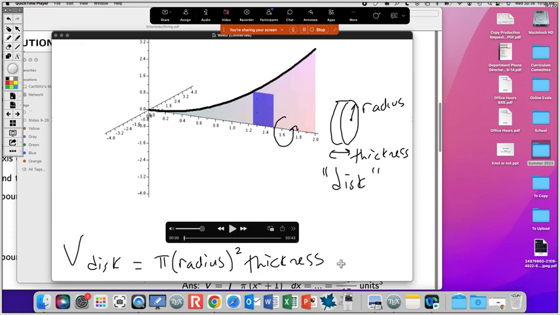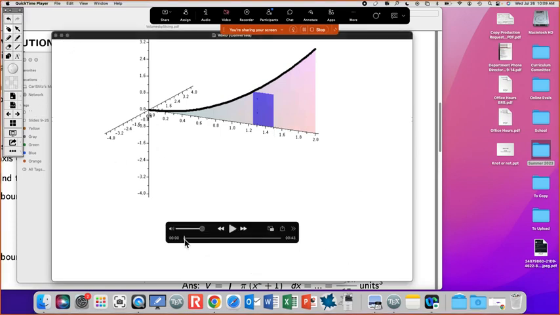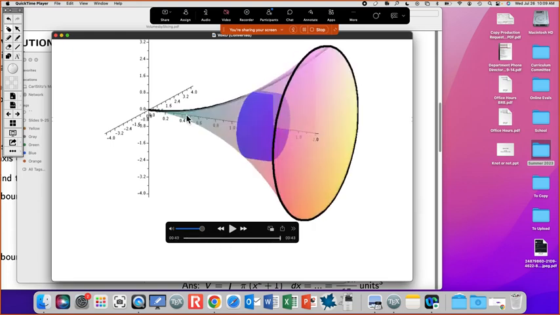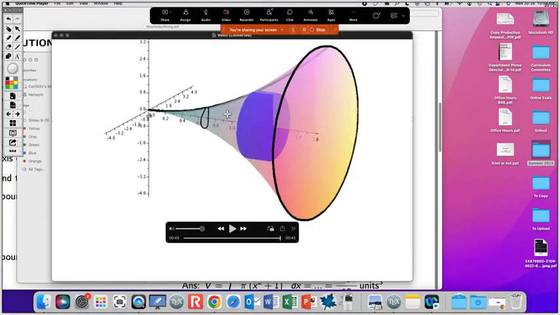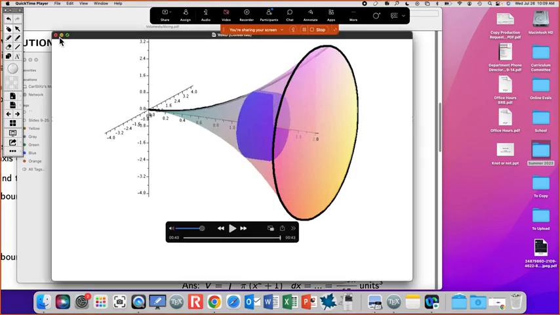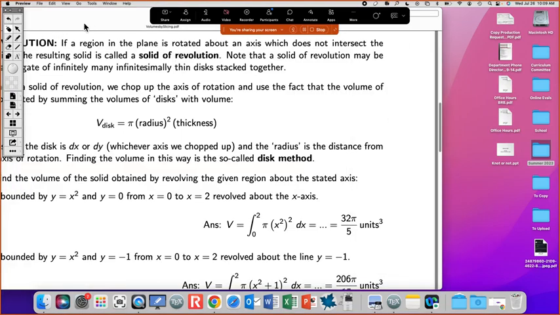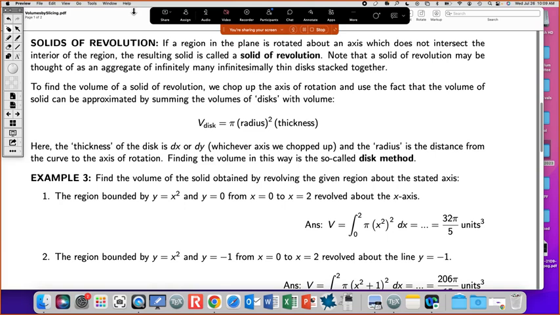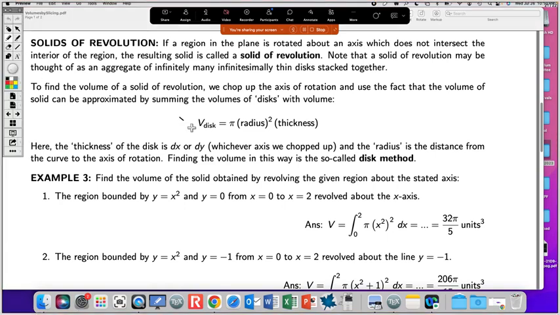And then, depending on what axis you're spinning it around, your radius is either going to be your f of x or your f of y. So once again, we're thinking of this solid of revolution as being an aggregate of these disks all stacked together. So, key idea. There's your governing formula for that.